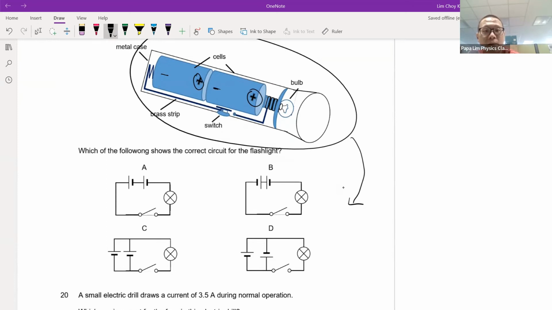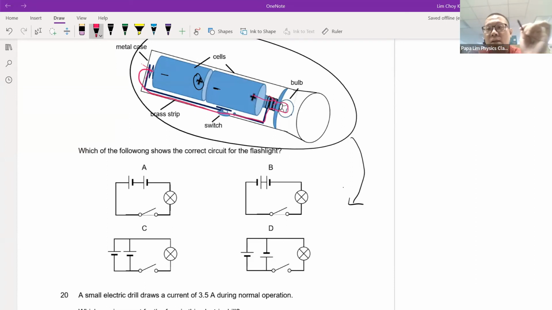If the current comes out from the positive terminal, it follows the wire to the switch. Oh, sorry, I shouldn't say the wire. It comes out from the battery, going up to the light bulb. After that, it goes through the wire before going back to the cell itself.